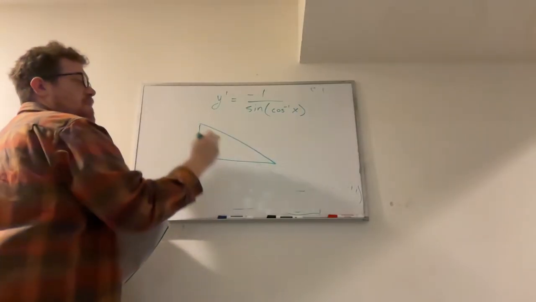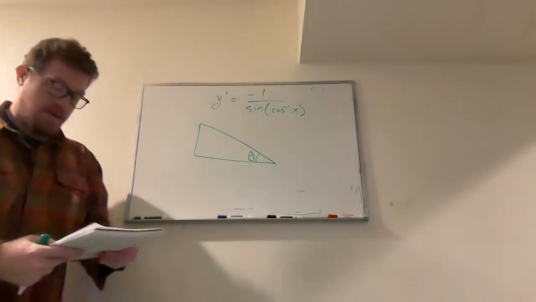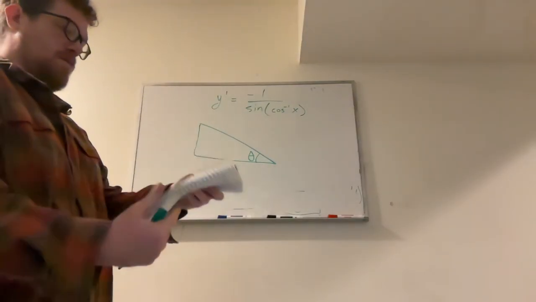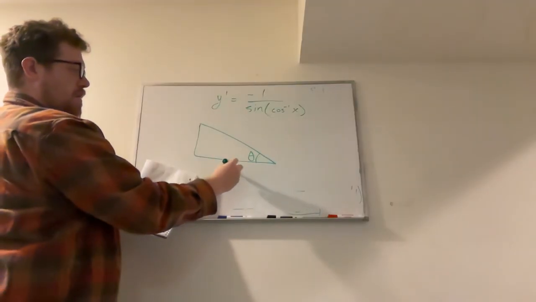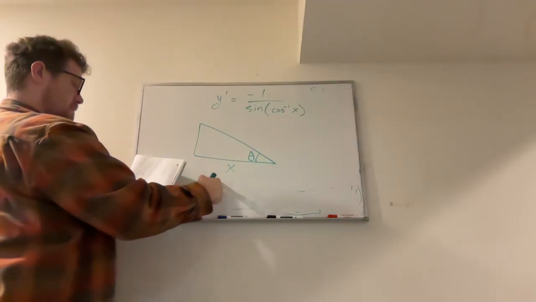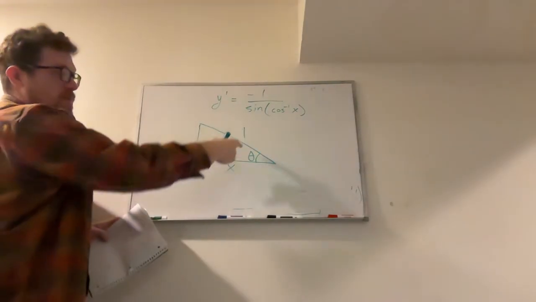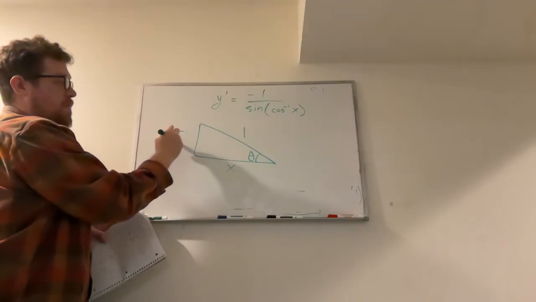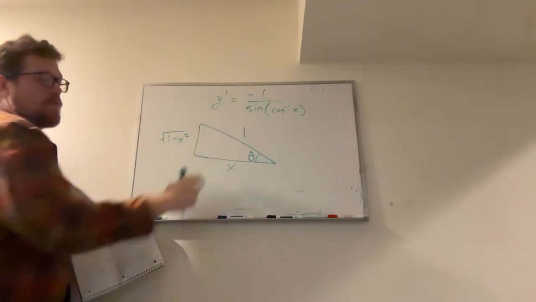That's going to be some angle theta here where the length of this side is x, the length of this side is 1, and by the Pythagorean theorem this side has to be square root of 1 minus x squared, because this squared plus this squared has to equal 1.